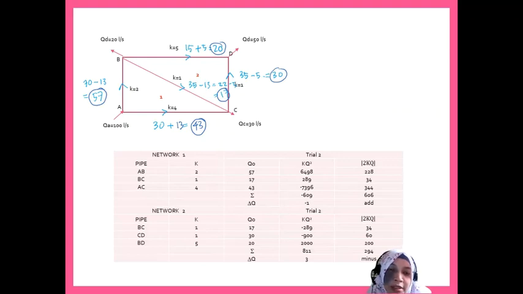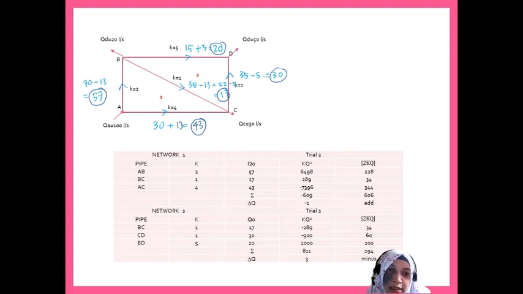And because pipe BC is in both network 1 and network 2, it has two analyses, in network 1 and network 2.